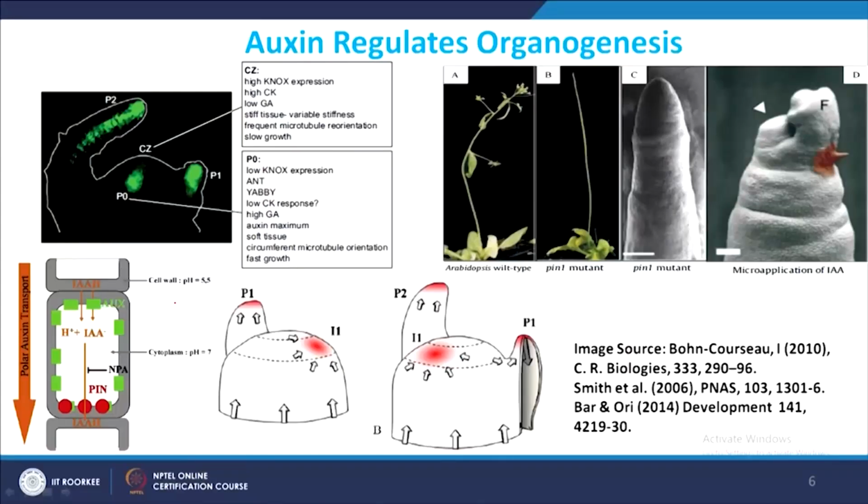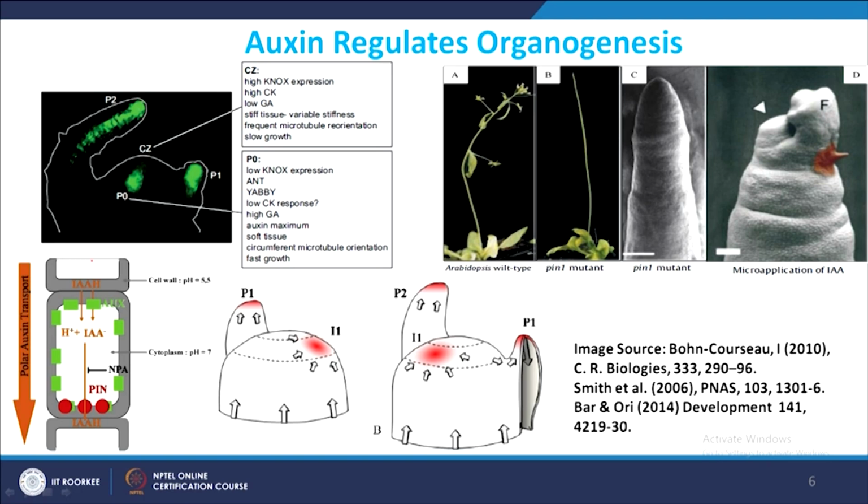And how does it occur? IAA is the auxin, in the cell wall and the cell. There are two kinds of protein, AUX protein and PIN protein. PIN proteins are auxin efflux carriers, AUX proteins are auxin influx carriers. So, through these transport systems, auxins are transported from one cell to another cell.